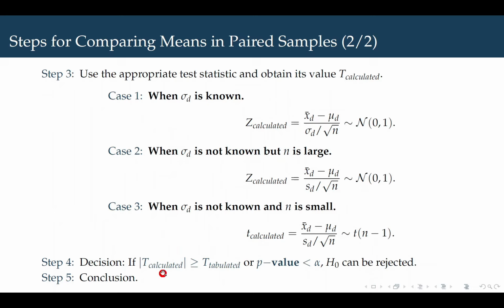If the calculated value in absolute value is greater than or equal to the tabulated value, or if the p-value is less than the specified level of significance, H naught can be rejected. Otherwise, we do not reject H naught. And based on the decision, finally we will have a conclusion.